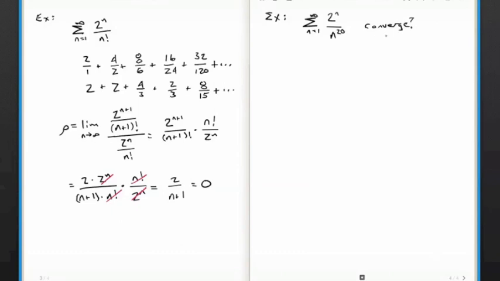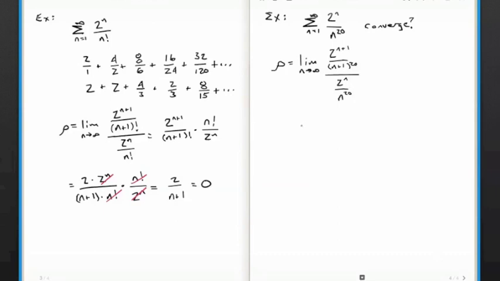Well, as you might guess, we're going to cut straight to the ratio test. So rho equals the limit as n approaches infinity of the next term, which is 2 to the n plus 1 over n plus 1 to the 20th, over 2 to the n over n to the 20th.